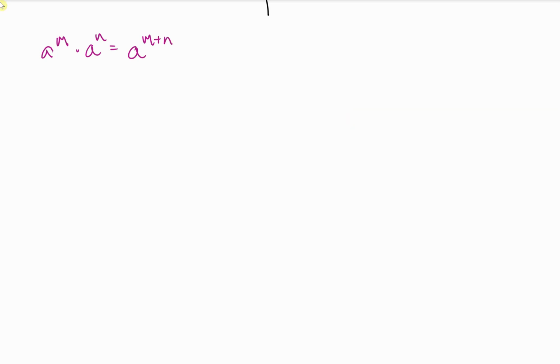So, a rational example, if I had 12 to the 1/2 times 12 to the 3/2, that would be the same as 12 to the 1/2 plus 3/2, which is 12 to the second power, or 144.